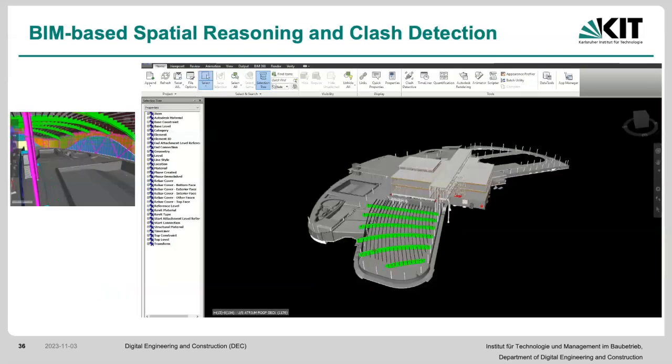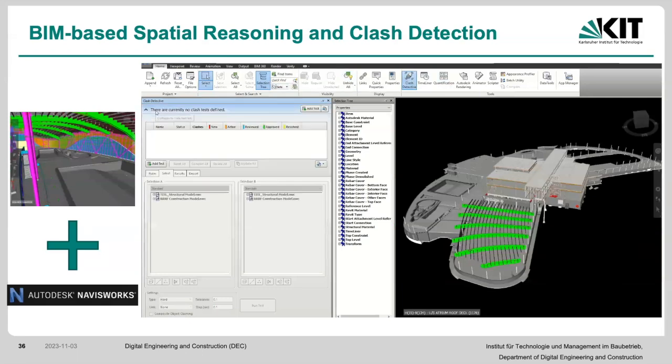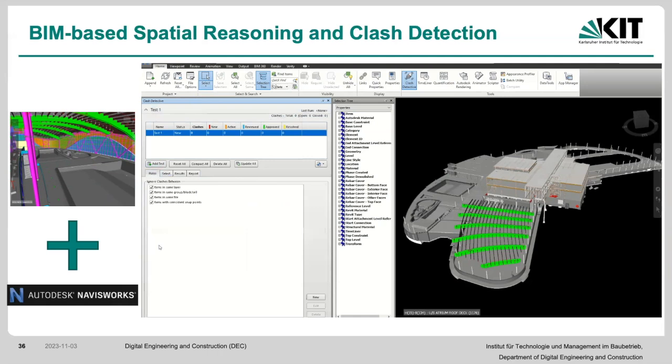And the reason why I wanted to talk to you about clash detection is that with Navisworks it is quite simple, actually. You put two of these models together there, and then using that, we would be able to see how we can.